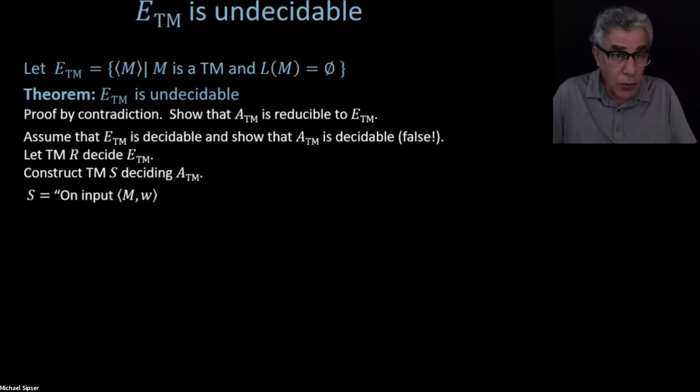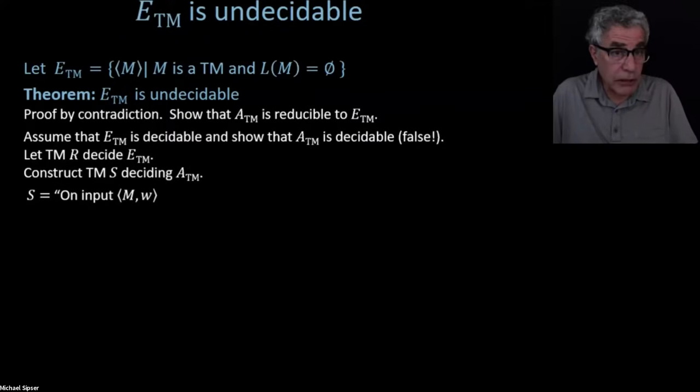So why don't we modify M so that it never accepts anything besides W? The very first thing M does in the modified form is look at its input and see whether it's different from W. If it's different from W, it immediately rejects.